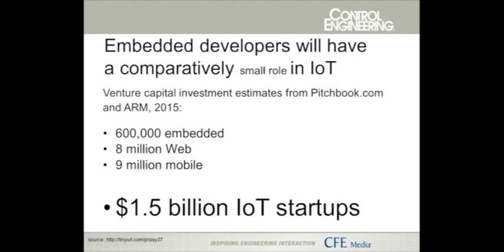The statement, "embedded developers will have a relatively small role to play in IoT," comes from the company ARM, which is the CPU architecture company that is a part of billions and billions of devices.